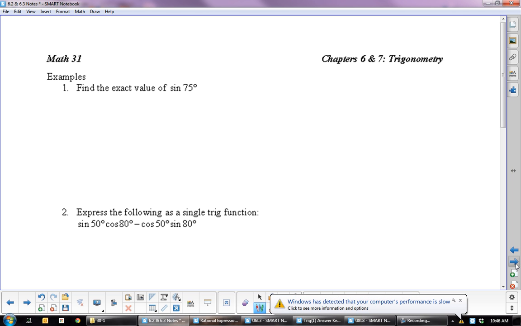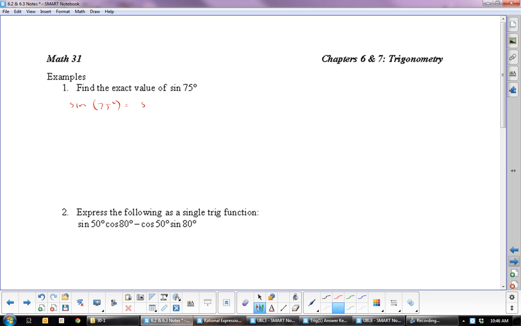So if you look at your formula, let's use the sine A plus B: sine A cos B plus cos A sine B, right? It's the very first one on your addition, subtraction identities. So sine 75 degrees is the same thing as sine of 30 degrees plus 45 degrees.